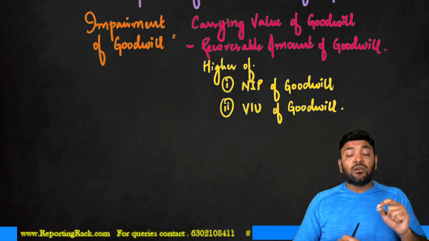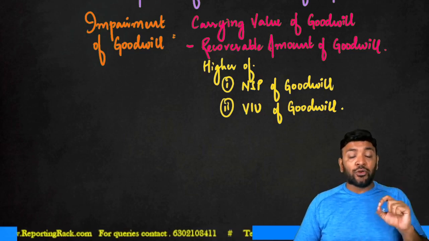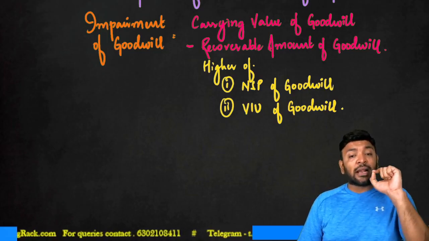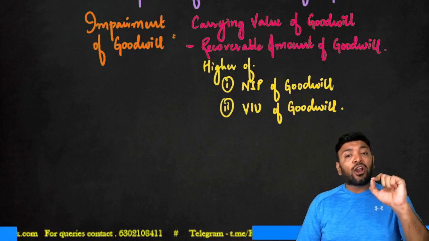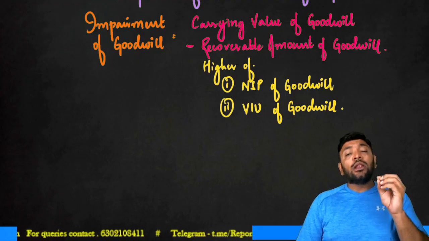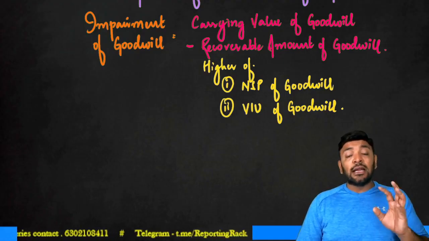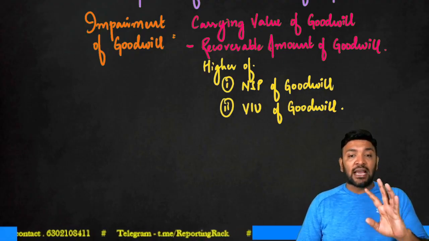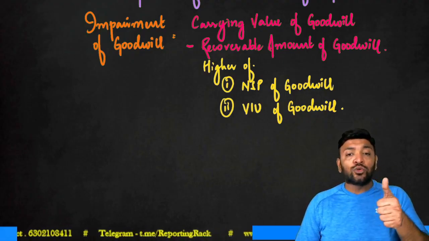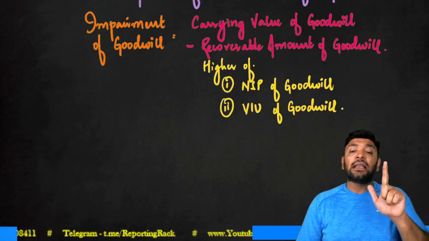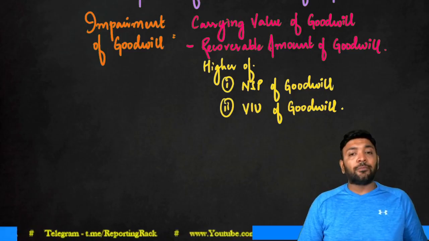Value in use. When I talk about the concept of value in use, one has to understand that it is not possible for us to determine cash flows. When you cannot determine cash flows, how will you ascertain what is the value in use of goodwill? What is value in use? It is discounted cash flows arising from continuing use of the asset and the cash flows arising from disposal of the asset at the end of its useful life.